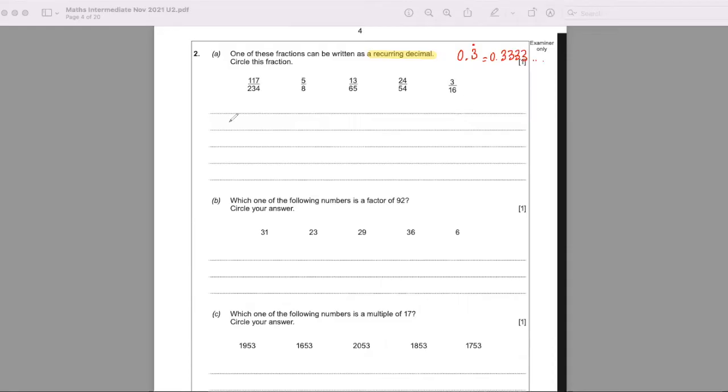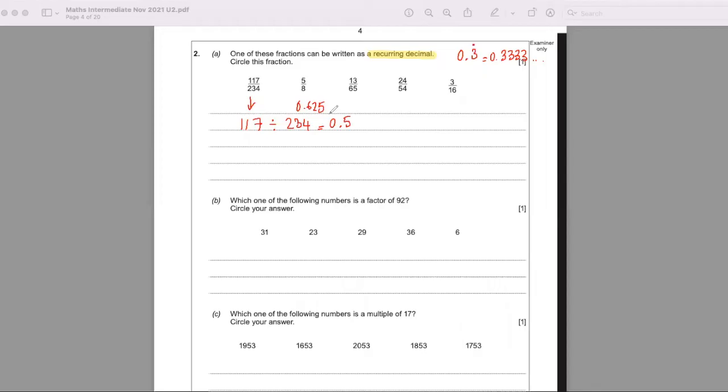So the way to do it, in your calculator for this fraction here, you put in 117 divided by 234, and make sure that you put S-D after you get the answer so that it's in decimal. Exactly the same process: you do 5 divided by 8 and press S-D, you get 0.625.